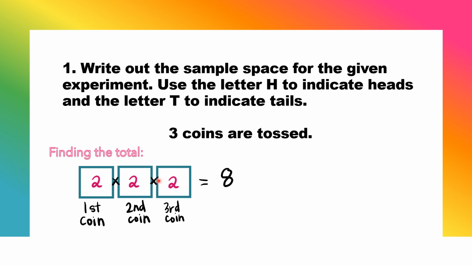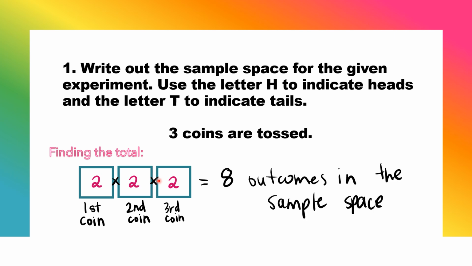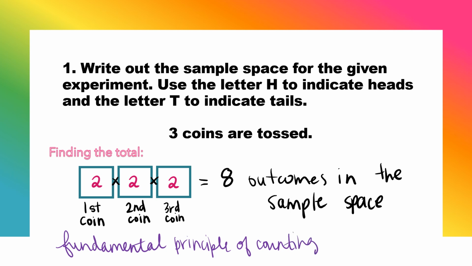If you remember from the last slide, there were 8 possible outcomes in the sample space. So this is called the fundamental principle of counting. And this is a super quick way to figure out how many outcomes are in your sample space.